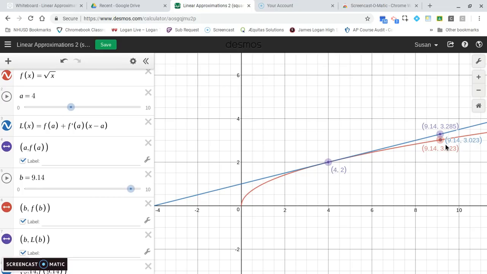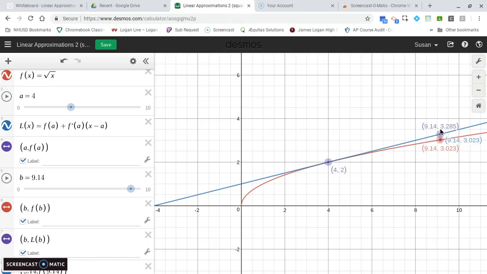And I'm trying to approximate the square root of x equals 9.14. So here is the actual value. In red, it's 3.023. That is the square root of 9.14. That's on the square root curve. Look at what happens when I use a point on the tangent line from the previous example.